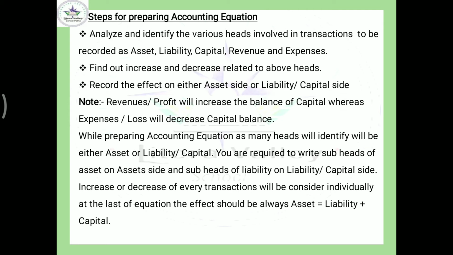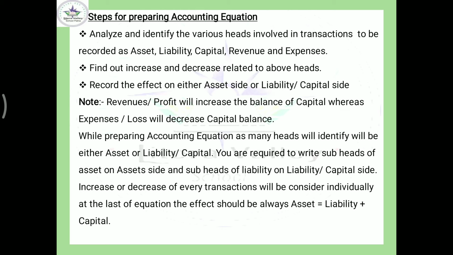Then you sum up and find the total of the asset side and the liabilities side. And in any situation, it will always be equal: asset is equal to liabilities plus capital.